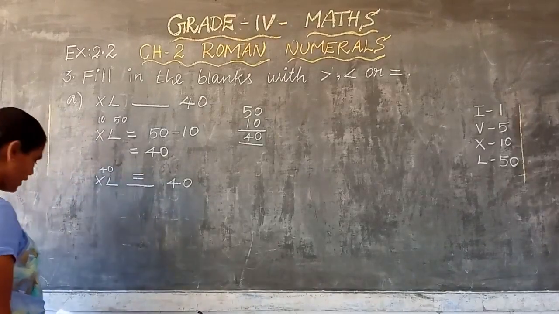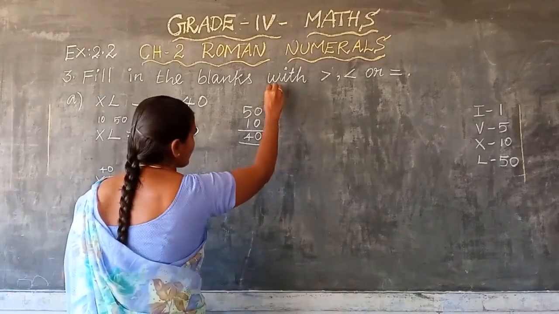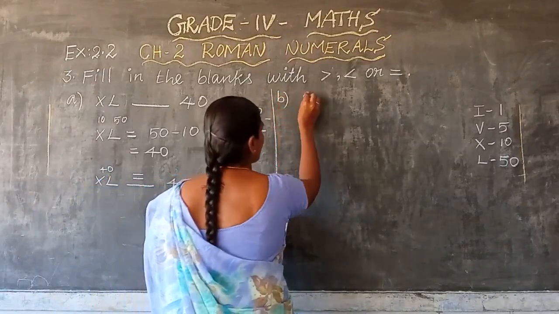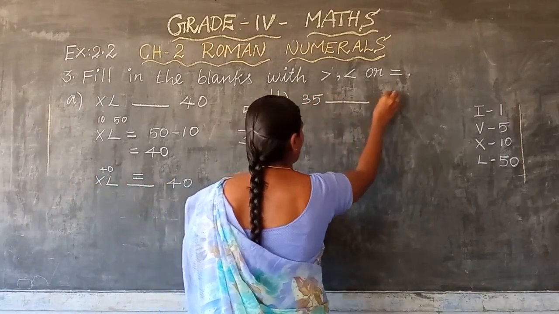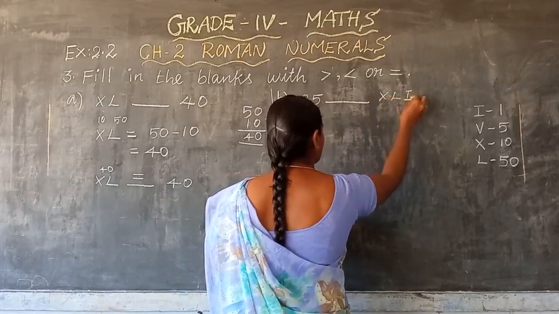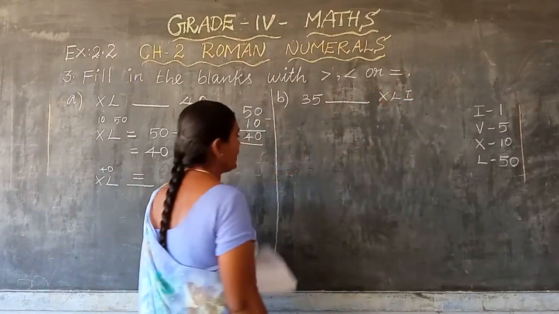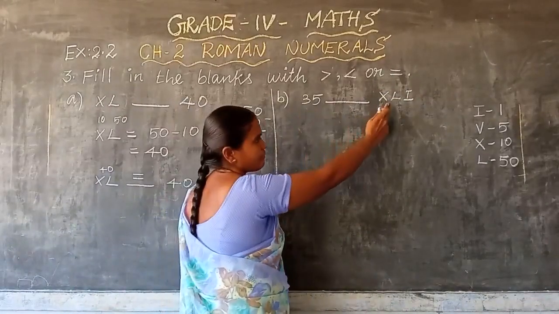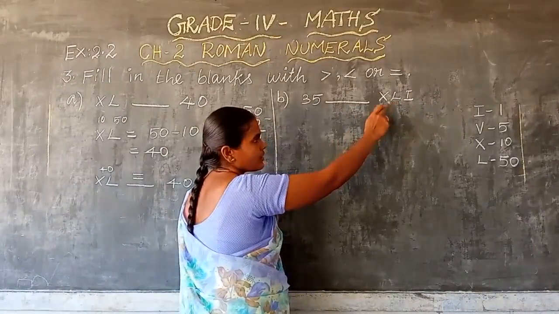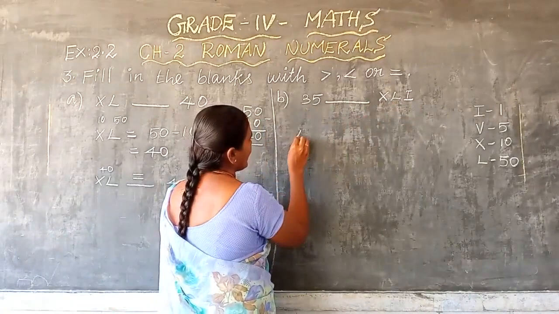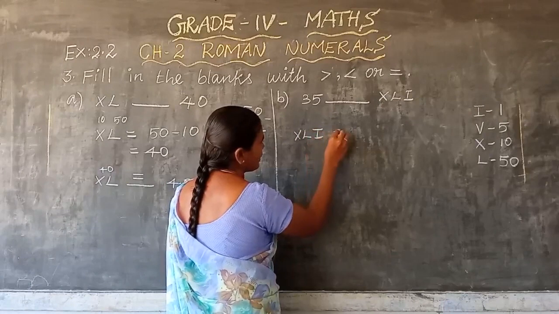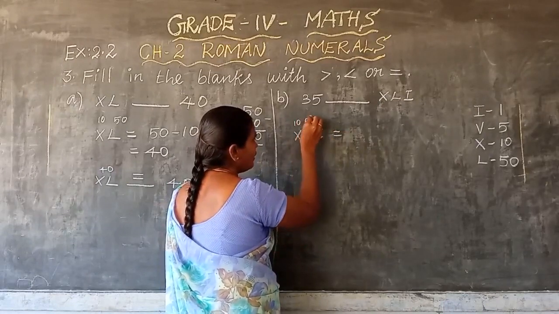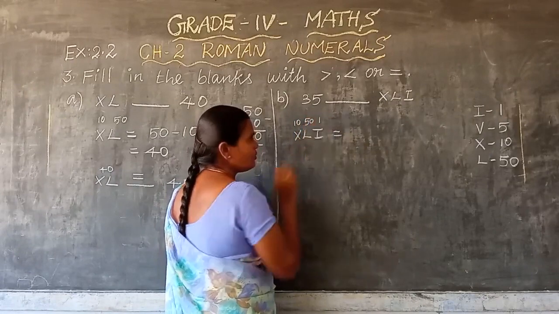Next, B question. 35 and XLI. So here given number 35. Here given a Roman number, so convert this Roman number into a number. XLI: X value 10, L 50, I value 1.